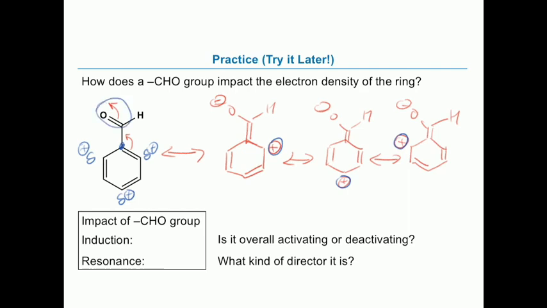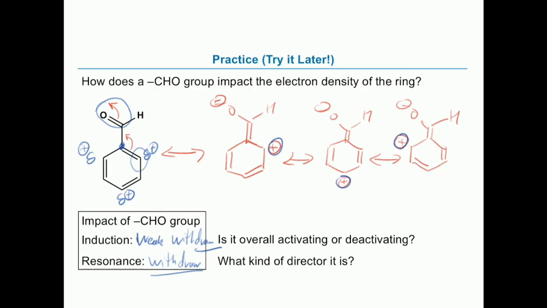So via resonance, it's a withdrawing group. It's pulling electron density out of the ring by having resonance structures which induce a positive charge somewhere on the ring. And via induction, it's a weak withdrawing group. So it's weakly withdrawing.